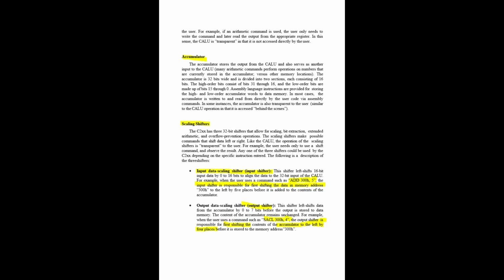The meaning of this line is: store the accumulator content in the address 300H. Before storing, shift the content towards the left side by 4 bits and then store it in address 300.